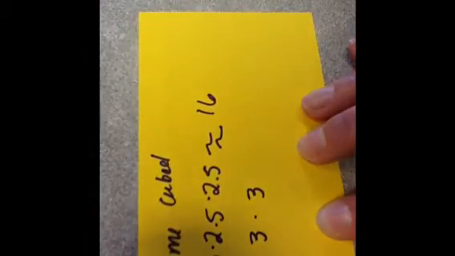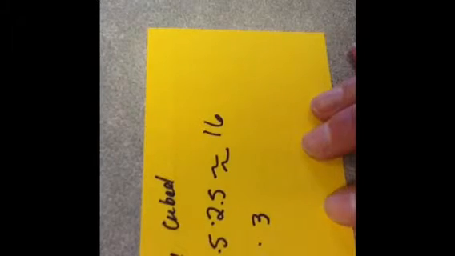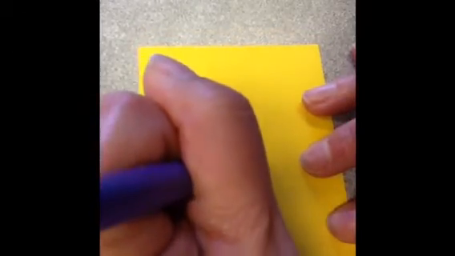And you'd also take 3 times 3 times 3, because you know it's between those two numbers, and you know that volume is cubed. 2.5 times 2.5 times 2.5 is about 16. And 3 times 3 times 3 is 27. That means it should be about between 16 to 27 times greater.